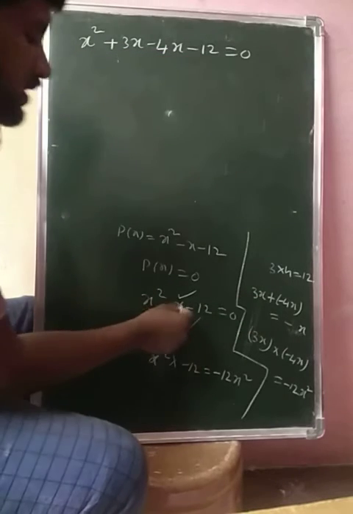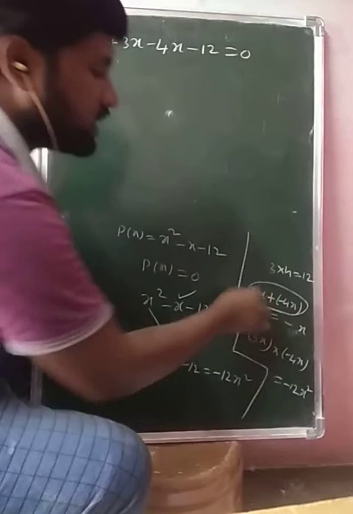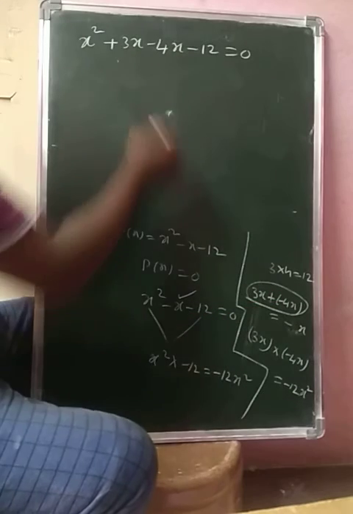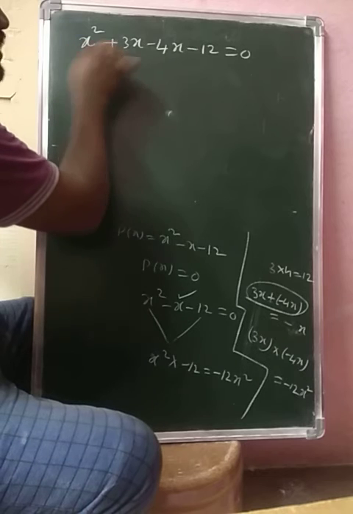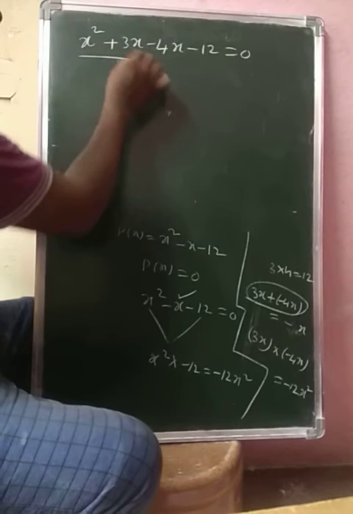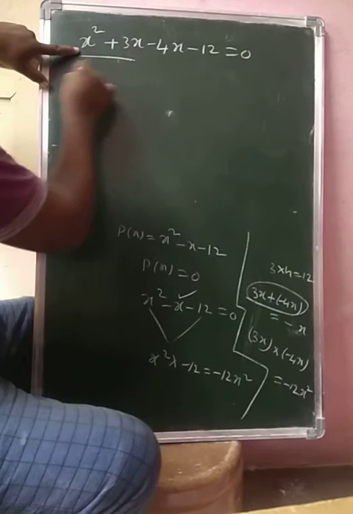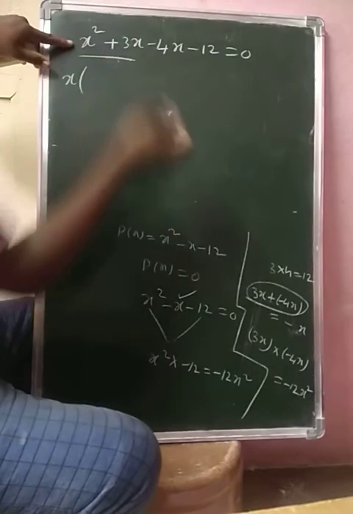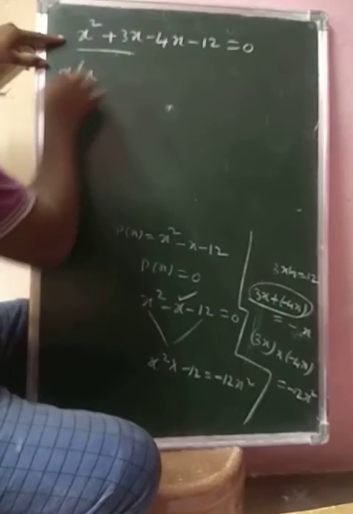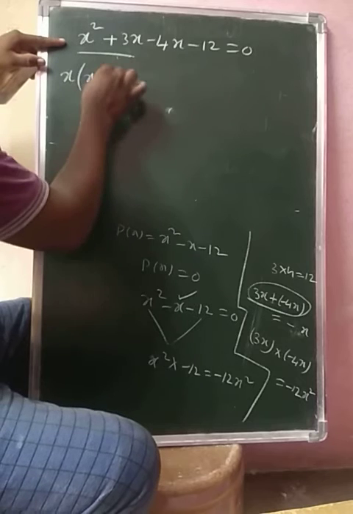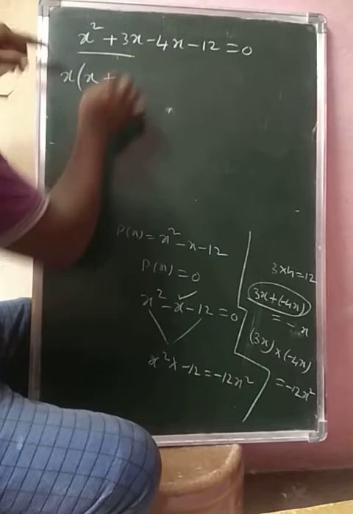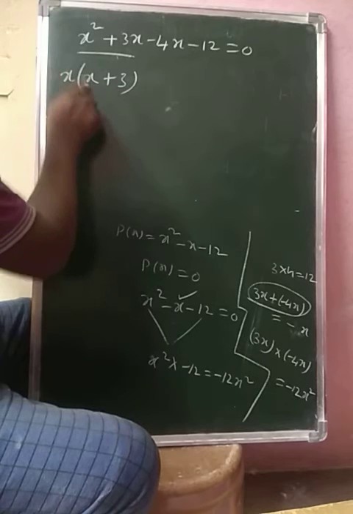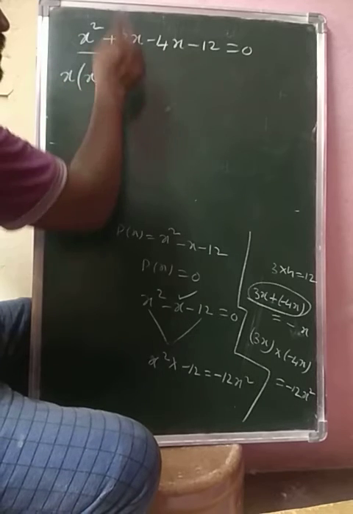In the place of x we write 3x plus minus 4x, that is minus 4x. Now the first and second terms, observe these two terms, x is common in these, that's why I want to take out the common. Here there are two x's, if one x is taken common, 1x is there, plus here already x is taken common, that's why 3 is there. Again you multiply x into x, that is x square, plus x into 3, that is 3x.